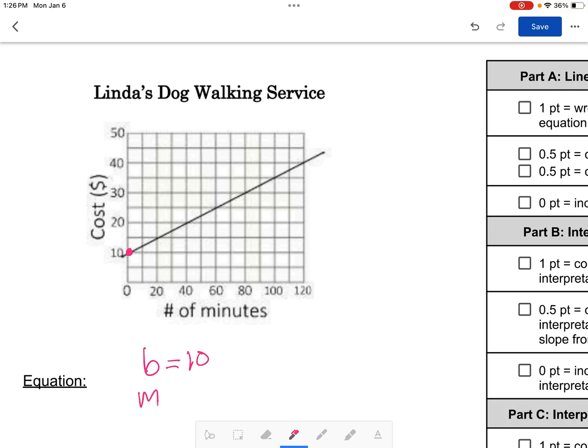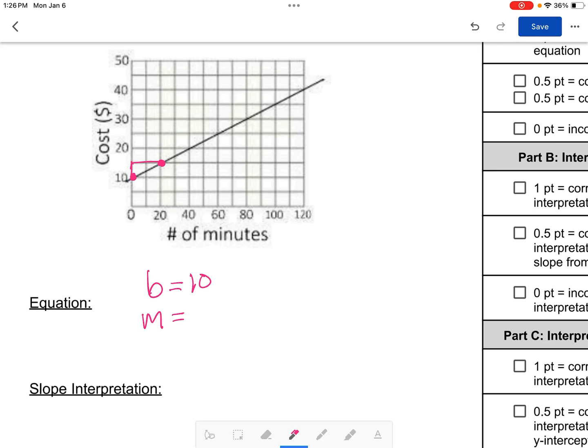Now I need to find my m, or my slope, from this 10 to the next point where the line crosses on the graph. I go up 5 because I'm counting by tens here, and I go to the right 20. So my m, or rise over run, is 5 over 20. If I simplify that, I divide both the top and the bottom by 5 and get 1 over 4.